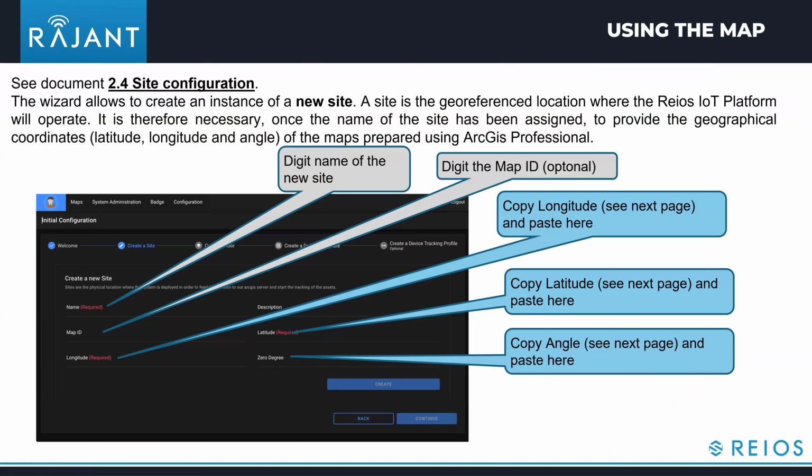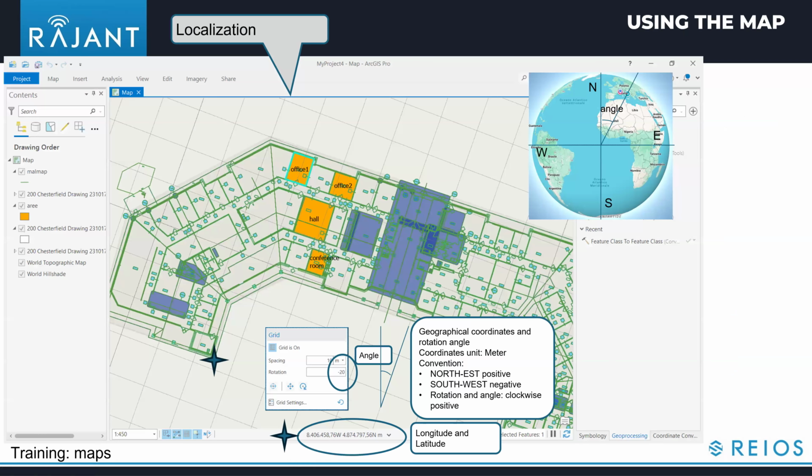So we need to define the correct position and the correct orientation of the map of the site in the worldwide map. So we have to copy in these three positions: the blue position, longitude, latitude, and the angle of orientation. Now we see where we can find this information.